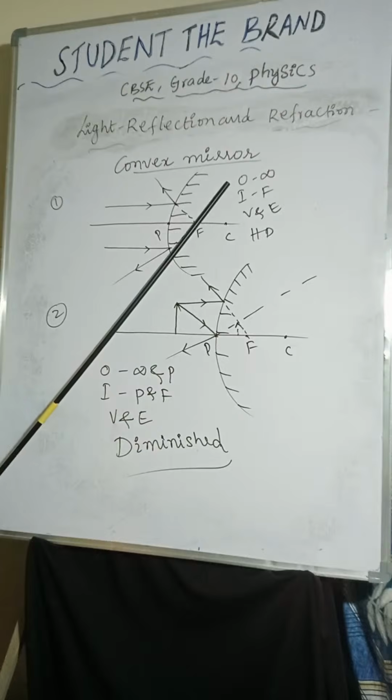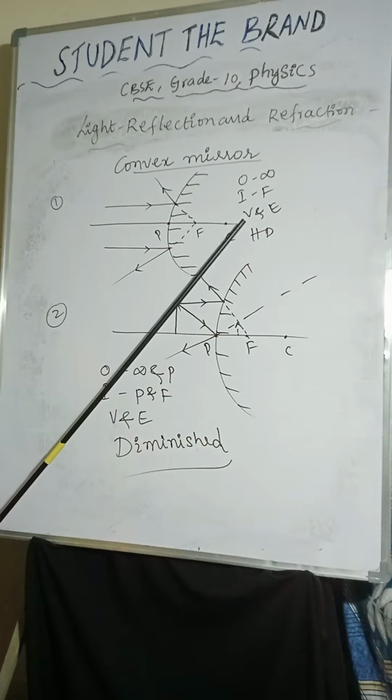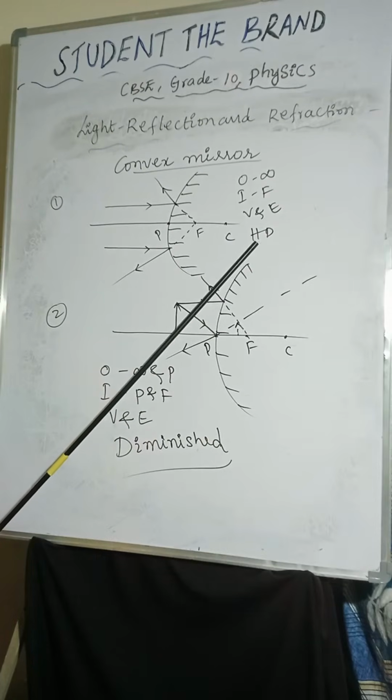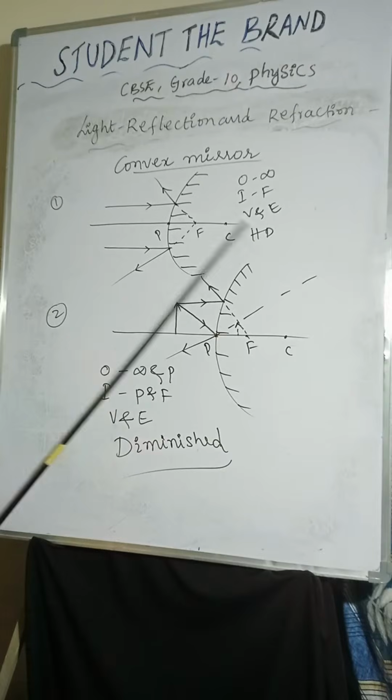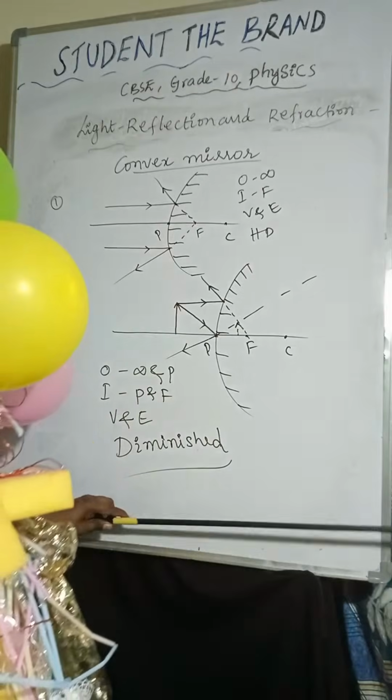Object is placed at infinity, image is forming at focus. Nature of the image is virtual, erect and highly diminished. And coming to here, object is placed between infinity and pole. So image is forming between P and F. Nature of the image is virtual, erect and diminished.